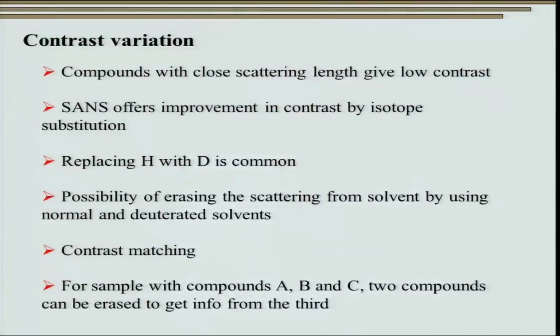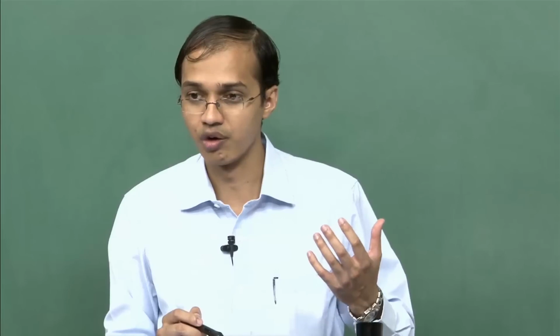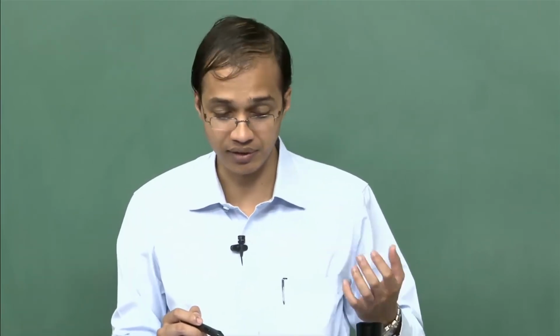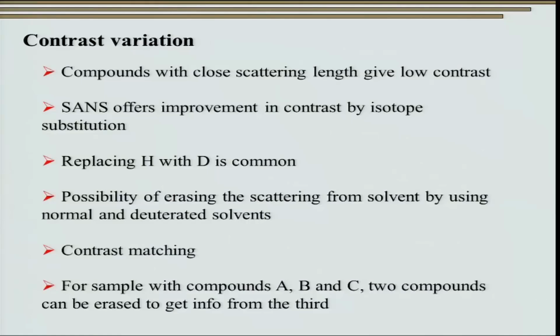However, small angle neutron scattering offers improvement in contrast by isotope substitution, right. So, if you have hydrogen, why not put deuterium. If you want to look for a particular isotope of nitrogen, instead of N14 you substitute it with N15. So, this gives us the possibility of erasing the scattering from the solvent by using normal and deuterated solvent.